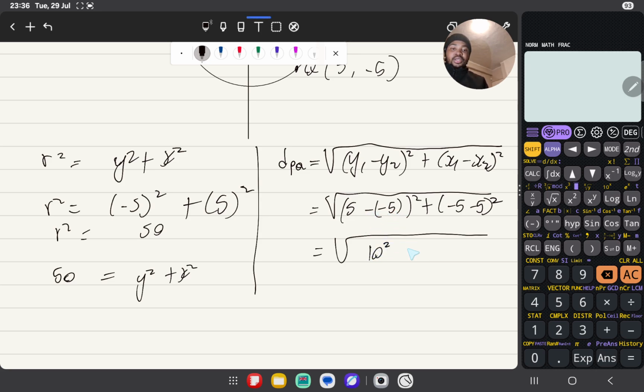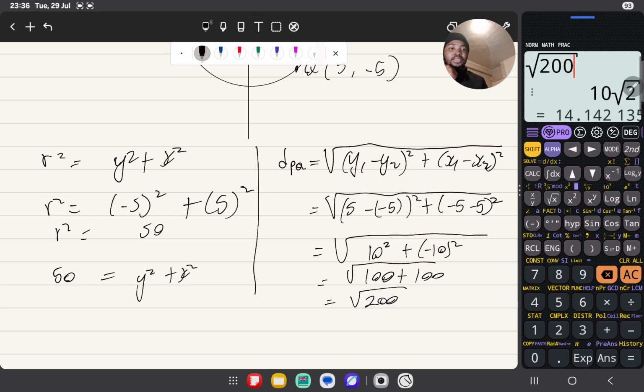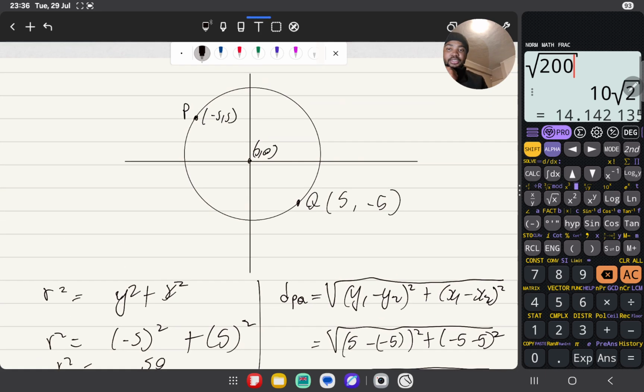I have 10 squared plus, this is going to be minus 10, which is minus 10 squared. So that means I have 100 plus 100. I'm just wasting time now. This is the square root of 200. Square root of 200 is just 10 square root of 2.